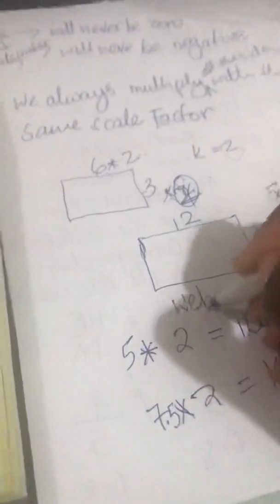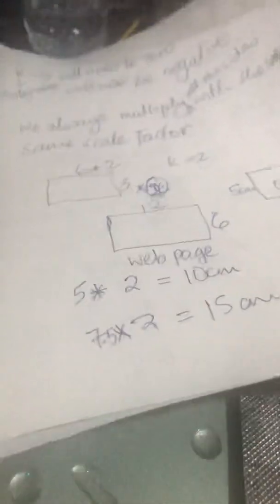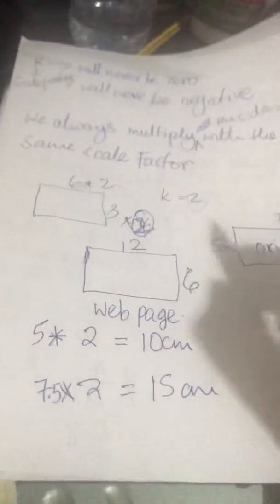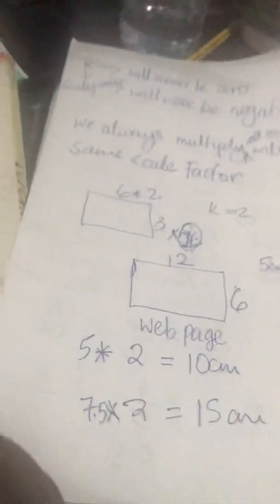So this is for the web page, okay? Then after that, he took the web page and grew it by 1.5 scale factor.